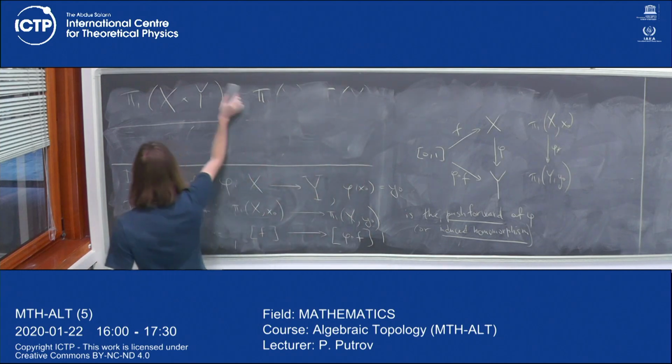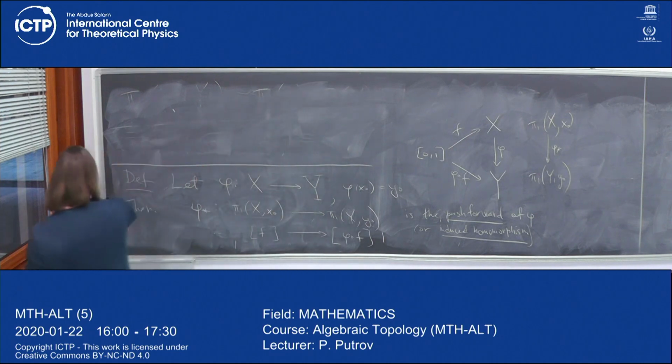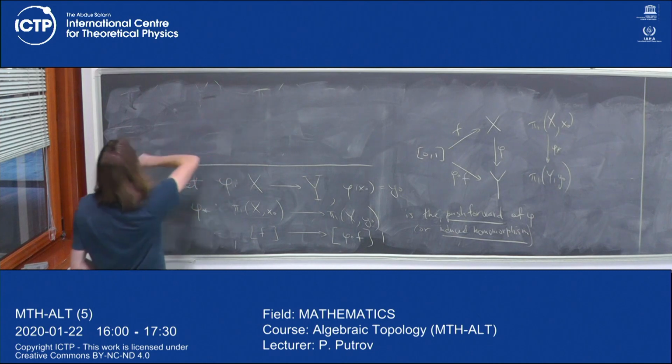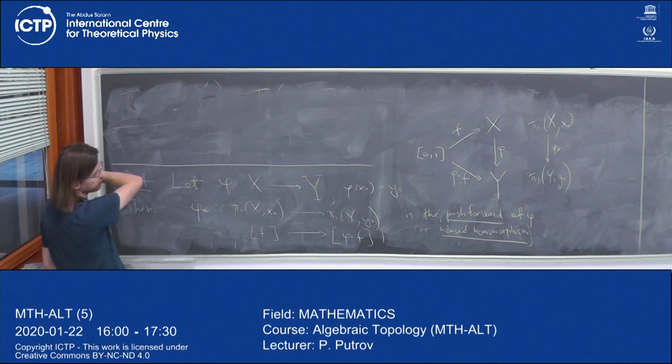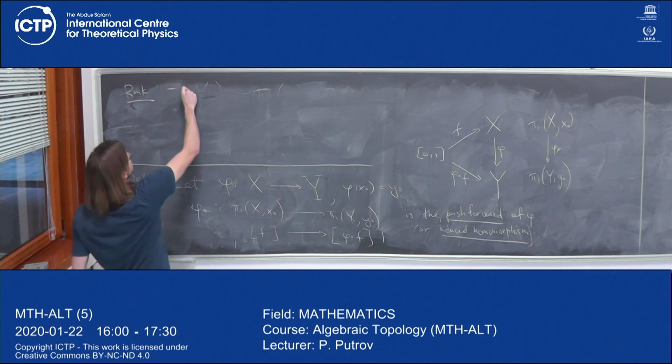So again, a few remarks are in order. As usual, since we define this map by choosing some particular representative of an equivalence class, we need to check this is well defined.